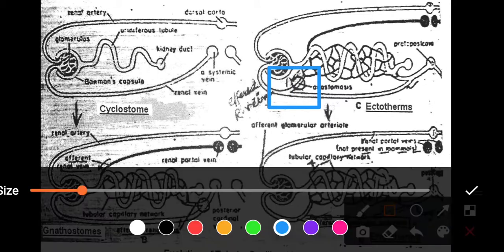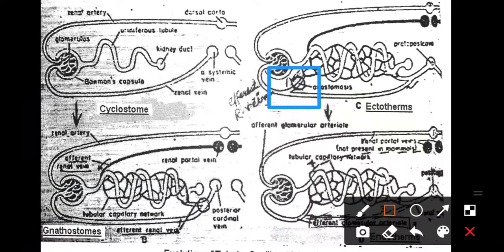This anastomosis is very important, as it takes the blood of the efferent renal vein into the tubular capillary network, and the outtake of this network is still persisting in these ectotherms.